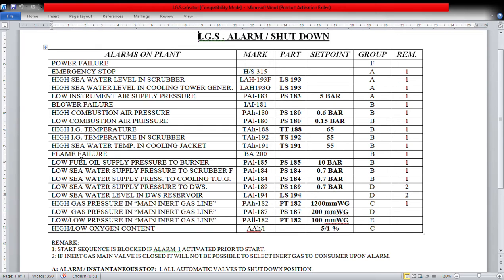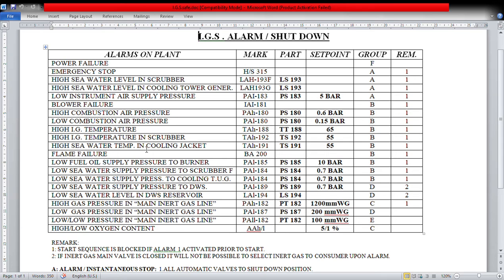And there you have the topping up generator. We also have an IG generator, that is known as the topping up generator. Now in other tankers like gas carriers, there you will have the blower, not from the boiler uptake. Low combustion air pressure, high combustion air pressure, high IG temperature.